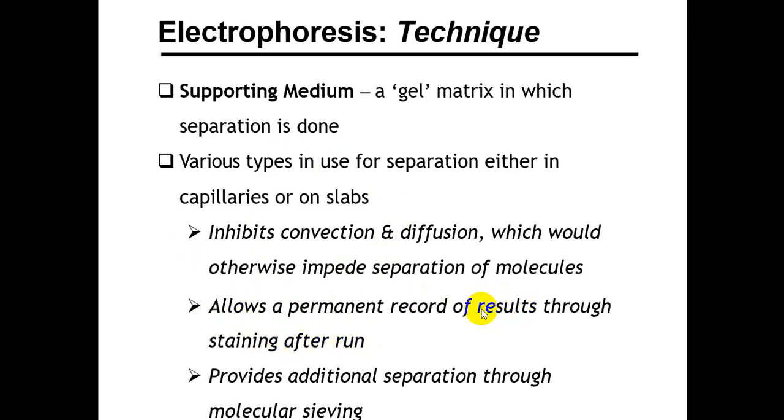For polyacrylamide gel, you can stain before casting the gel. You add ethidium bromide to the gel when you are preparing it, when you are cooking it. But for agarose gel, you only stain with ethidium bromide to visualize the samples after running the whole experiment.